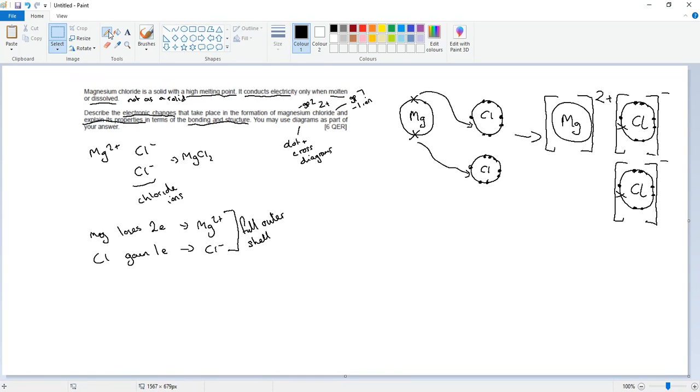So if I just get back onto the pen here. Right, so our high melting point in ionic solids is because there's strong forces of attraction between the oppositely charged ions.